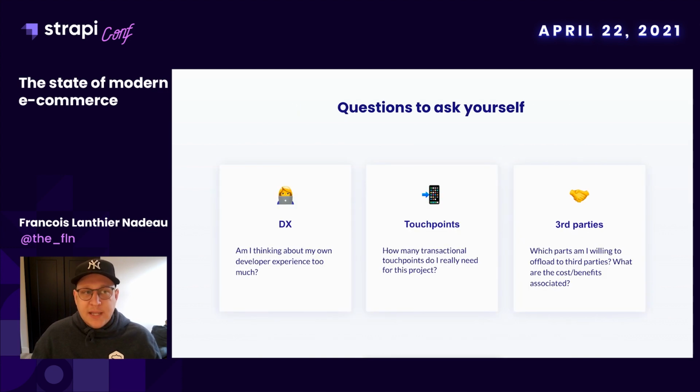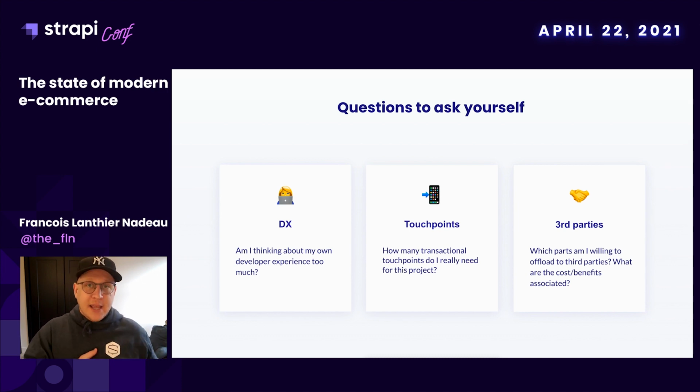With that said, we'll move on to the questions to ask yourself as a developer when you want to choose an e-commerce stack. There are 6 main questions to ask. The first one is about developer experience. It's fun, it's nice to have fancy new tools that you love that make your workflow faster and less error prone, right?